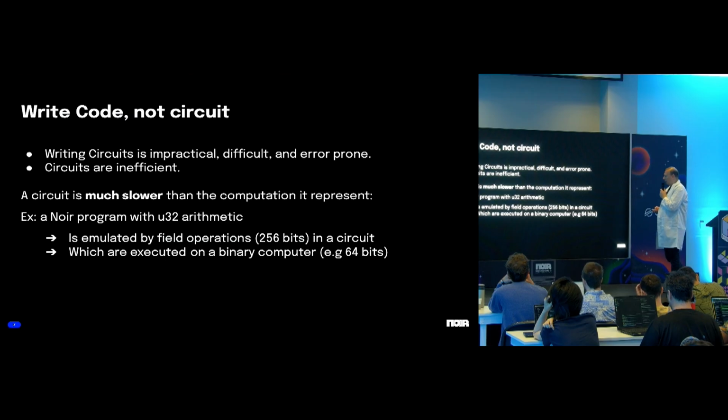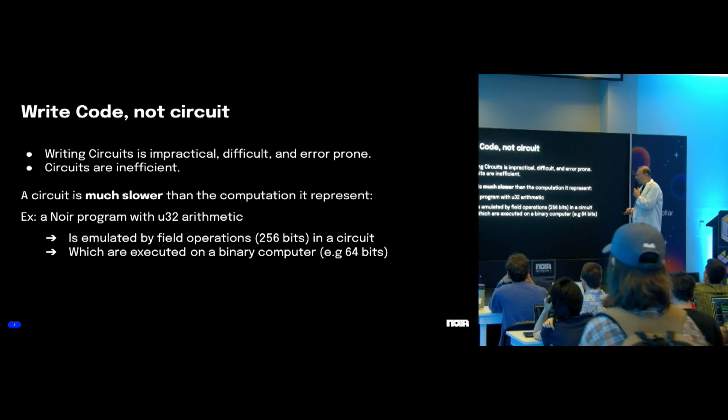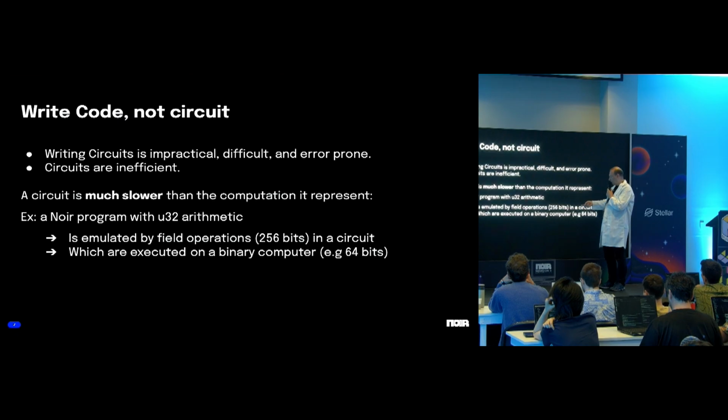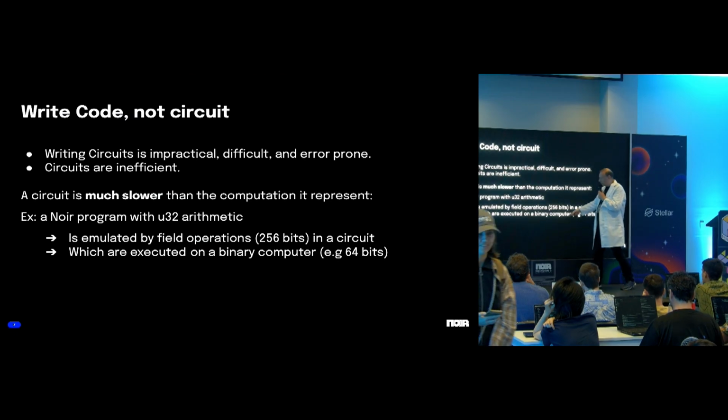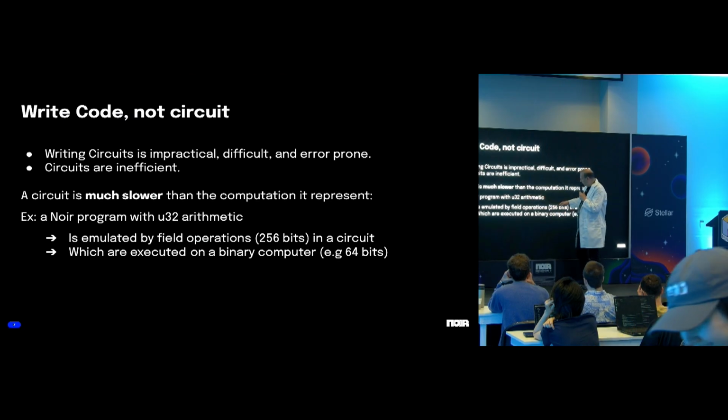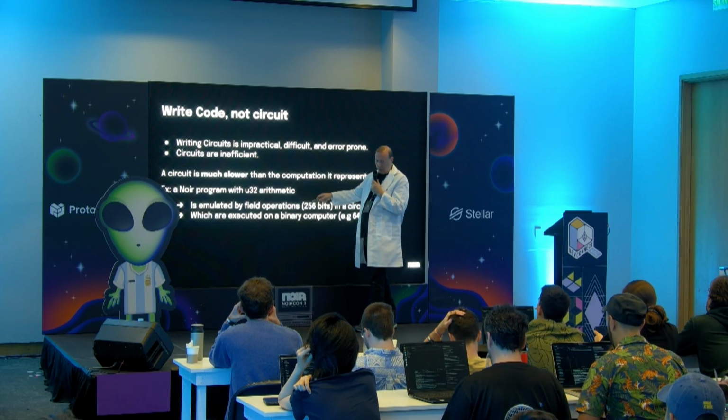So what we have learned here is that writing circuits is difficult and error prone, and circuits are not really efficient. One of the reasons also is integer arithmetic versus prime field. So when you want to do normal computation with integers, it needs to get emulated by the field.